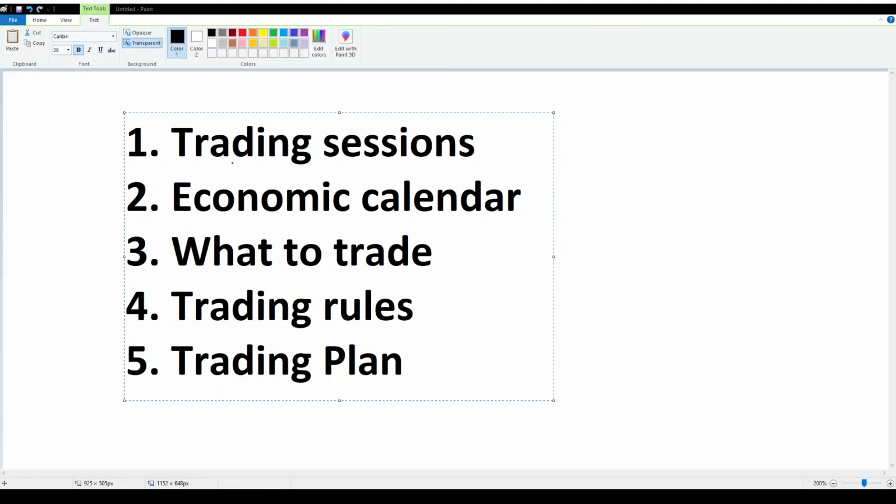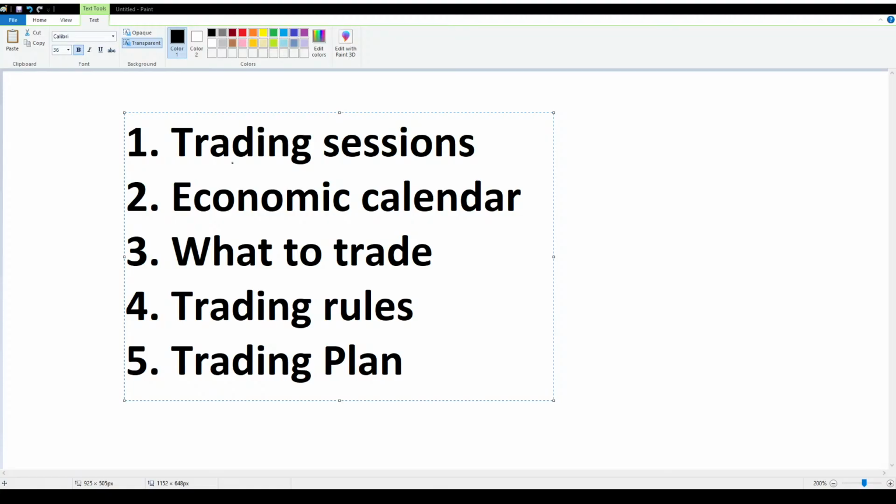Now, strategy, guys. When we look at the trading rules, I'm going to talk about our specific strategy, our trading system. And moving past the strategy, that's how we find the opportunity. That's how we find out what the market's going to do.